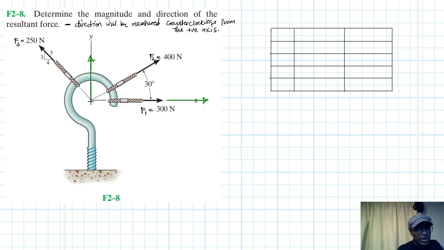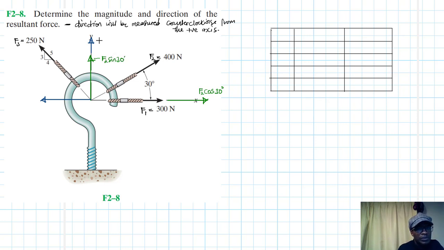Alright. F3 will have this component. It will also have this component. Let's label them. This one is F2. This one is F2. This is F2 cos 30, and this is F2 sine 30.